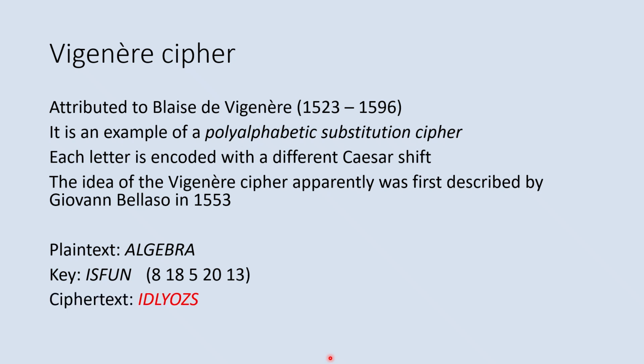When we encode this, algebra becomes IDLYOZS, and we notice that the A at the beginning is an I, but the A at the end is an S because it fell in a different place in the key. So this method lasted a long time.